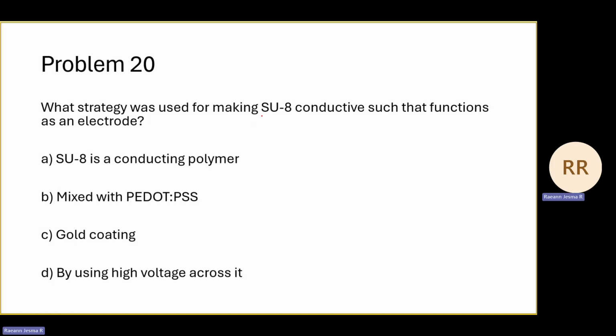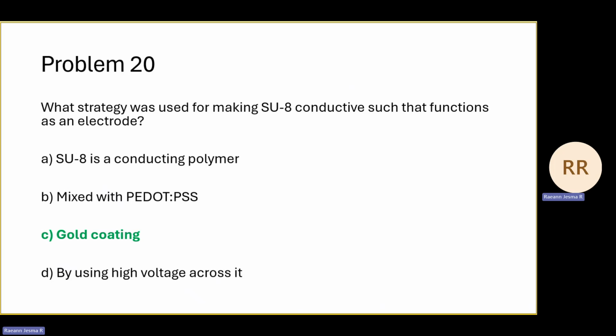We already know that SU8 is a non-conducting polymer, which is an insulator. And in one of the previous questions, we saw that we had deposited gold, chrome gold to be precise, in order to make it function as an electrode. So the correct answer is option C, which is gold coating.